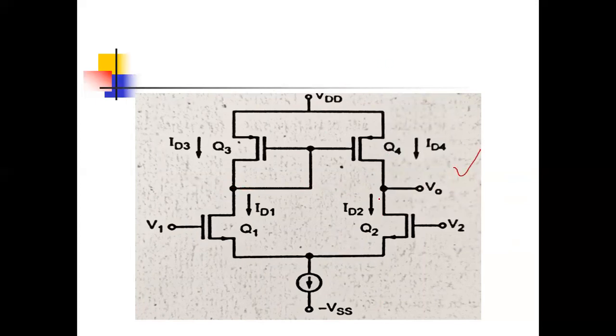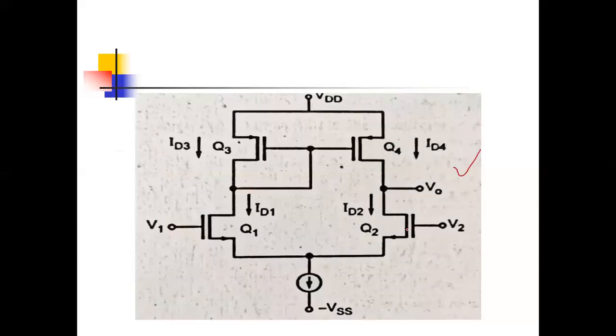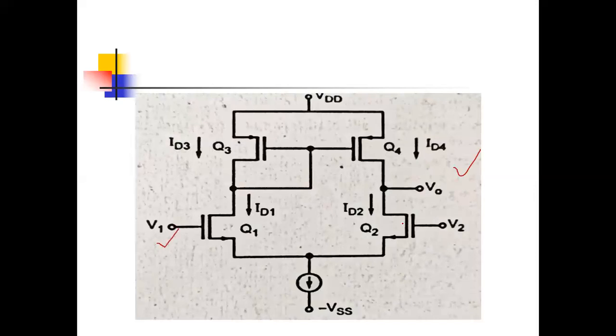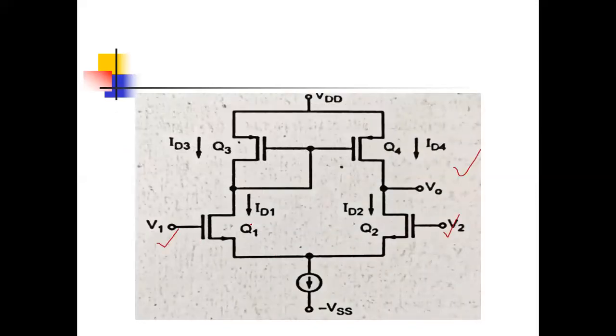Now we'll start the derivation. Remember we are taking one-sided output, meaning we are taking only from this side, not from this side. Now we are doing the common mode voltage operation, meaning both voltages are the same. We are applying the same voltage at both. So what is the current?